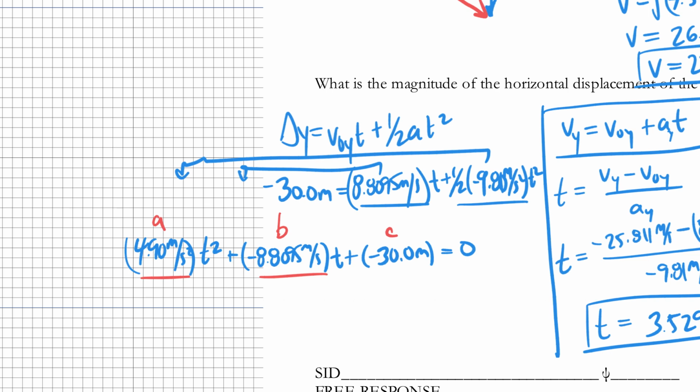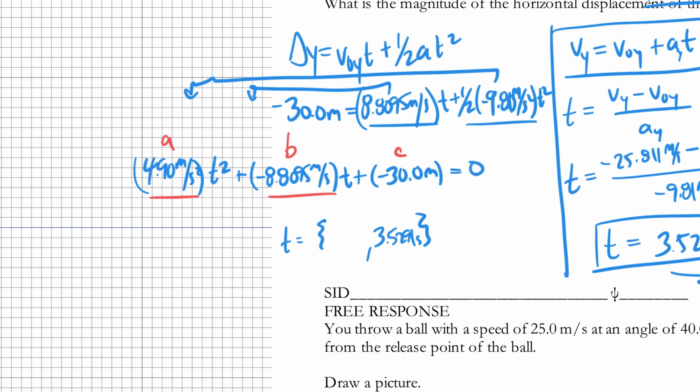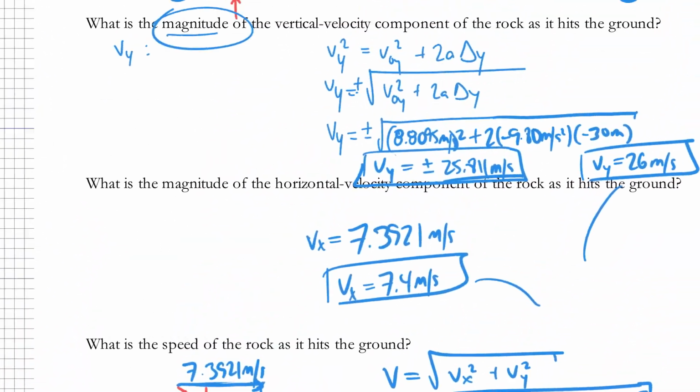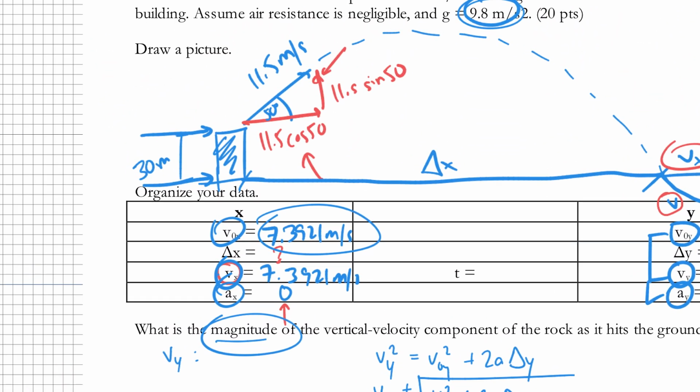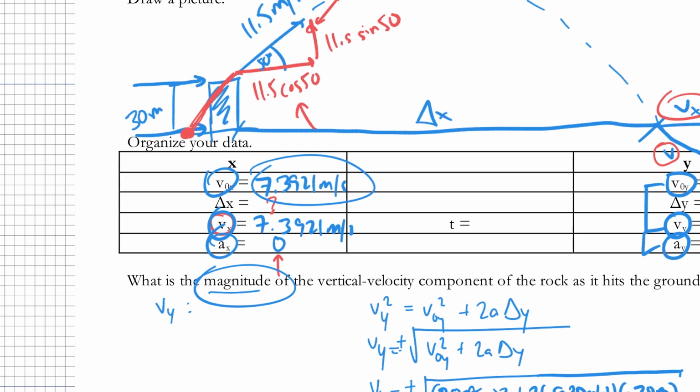Basically, if you solve the quadratic here, you'll get 2 roots. One of those roots is going to be this guy right here, 3.5291 seconds. The other root, if you go back to the original equation, is if you were to track backwards in time to get the other time when we had a displacement of negative 30.